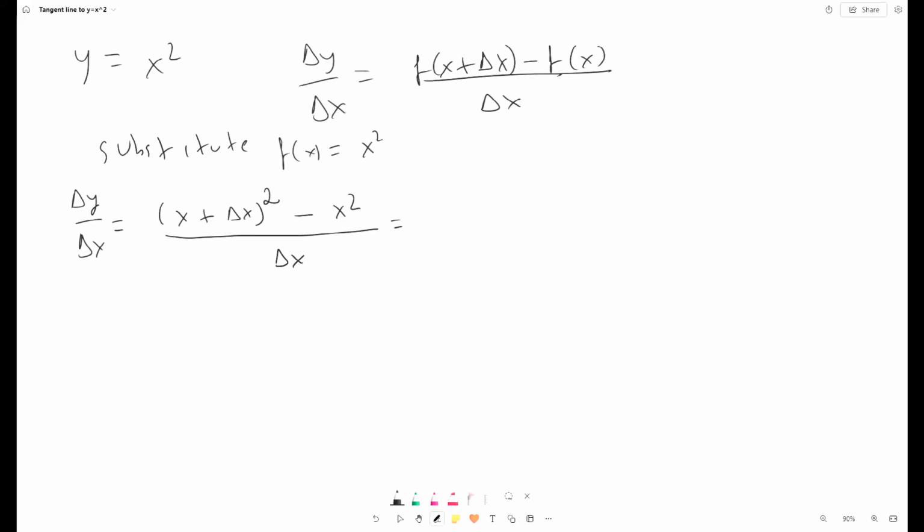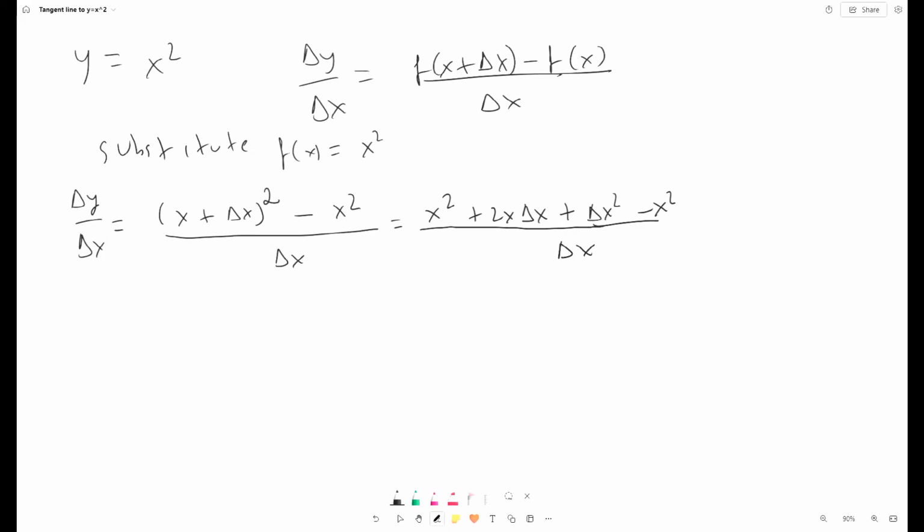Now we expand that, and we're going to get x squared plus 2x delta x plus delta x squared, minus x squared, over delta x.